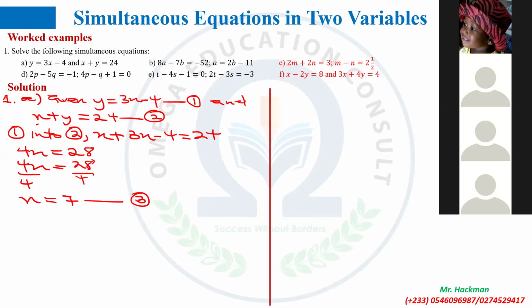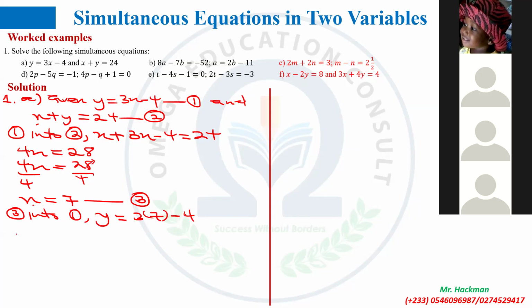So quickly, let's have a look at how we proceed. Equation 3 into equation 1, preferably. That will give us y is equal to 3 into our x, which is 7, then minus 4.